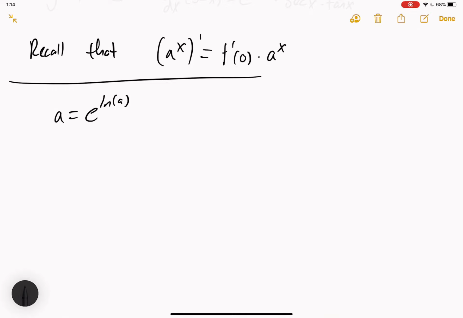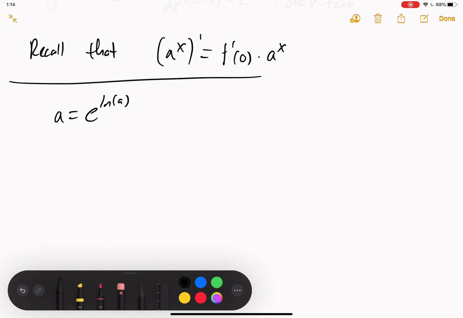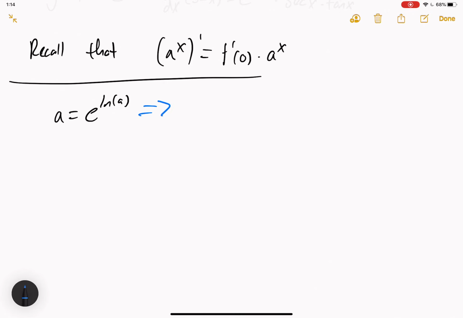So what this tells us is that a to the x is equal to e to the ln of a to the x, which is just e to the ln of a times x, because the ln of a is just a number.